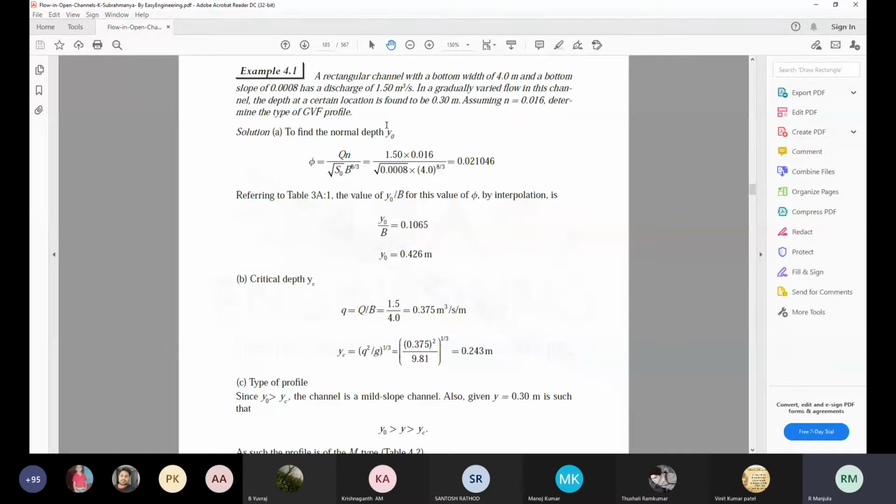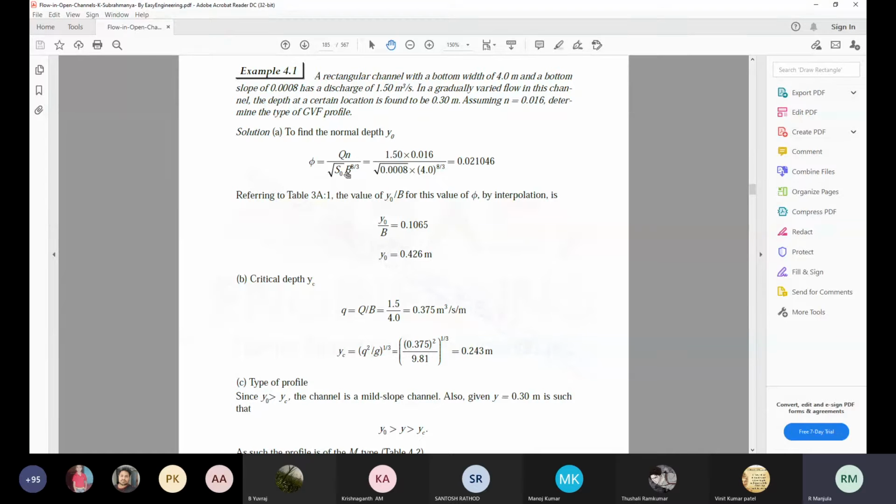Now we have to find out the normal depth y naught. So normal depth y naught is equal to phi. You have a table for the computation of Q into n divided by square root of S naught into B raised to 8 by 3.